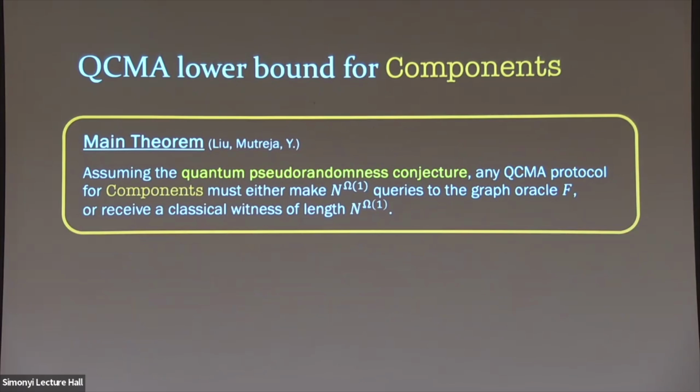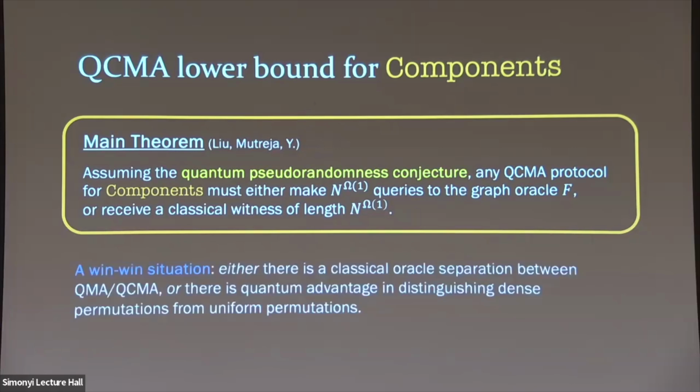So this is the main theorem again, assuming this conjecture about not being able to distinguish dense permutations from random permutations, this components problem is hard for QCMA. And I just want to point out that this is a way that I like to think about our results, that it's kind of a win-win situation in that either there is this classical oracle separation between QMA and QCMA, or the quantum pseudorandomness conjecture doesn't hold.